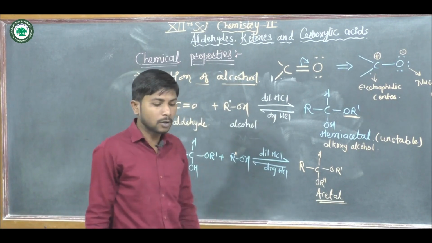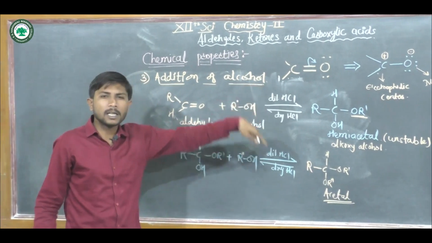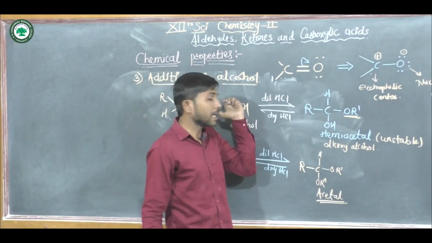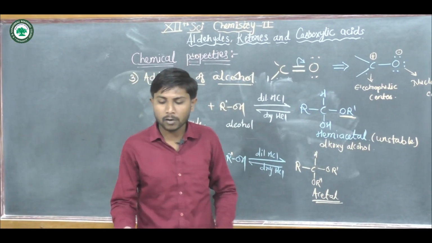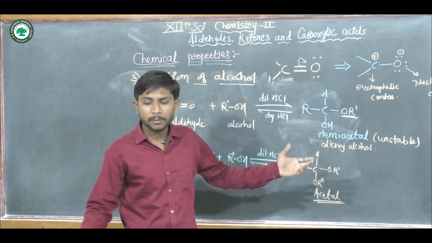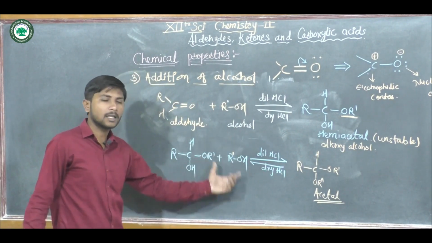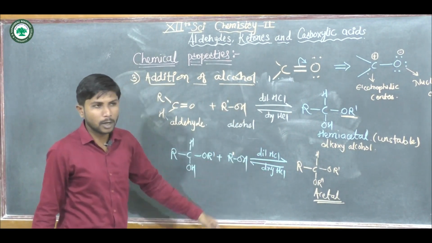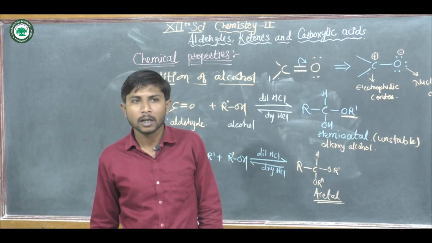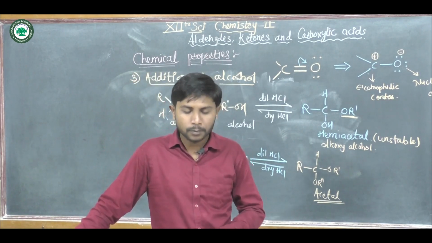In case of ketone, they show the same reaction. But the intermediate product formed during the addition of alcohols to the ketones is the hemiketal group. And these hemiketals on reaction with the same or one monoalcohol will give the ketal. There is one exceptional case for the ketones.